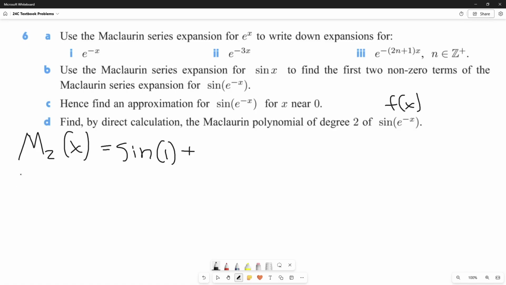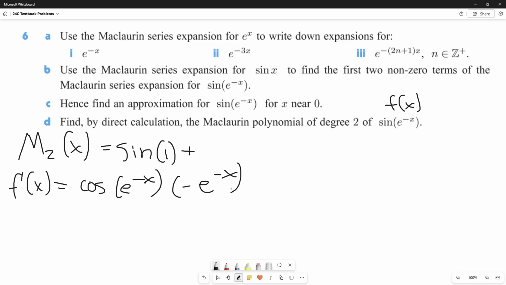And then we need f prime of x, which is cosine of e to the negative x times negative e to the negative x. And f prime of 0 is cosine of e to the negative 0, which is cosine of 1, and negative e to the negative 0 is just negative 1. So it's going to be sine of 1 minus cosine of 1 times x.